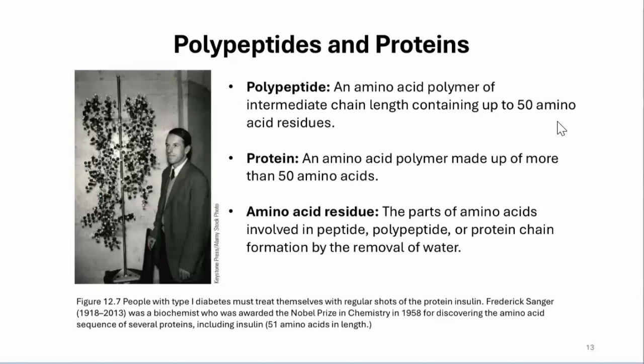Insulin is a protein that contains 51 amino acids. We're going to see later in this chapter that it is an important protein and it is utilized as treatment for people that have type 1 and type 2 diabetes, depending on the condition hallmarks.